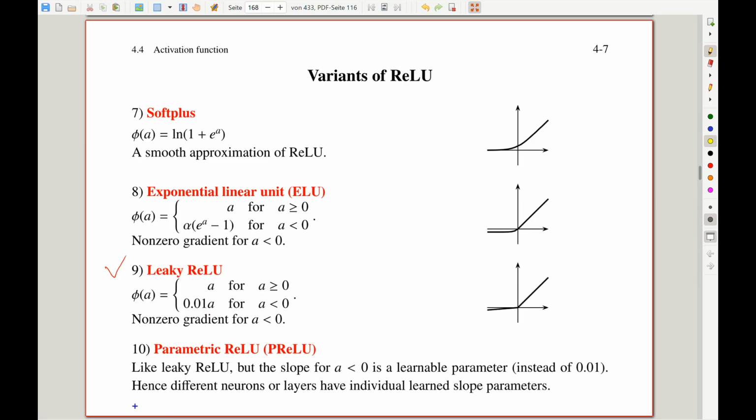And this also implies that at the end of the training, different neurons might have different slopes. So it increases slightly the computational complexity because we have more parameters to be learned, namely the slope. Typically, we use the same slope parameter for one layer, and we use another slope parameter for the second layer. So this is also used occasionally.